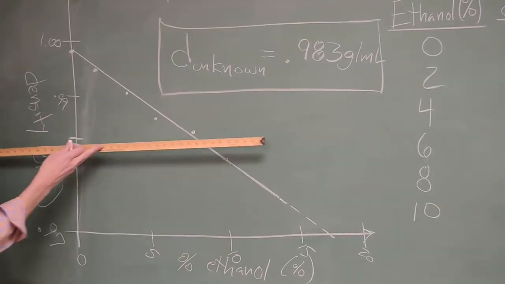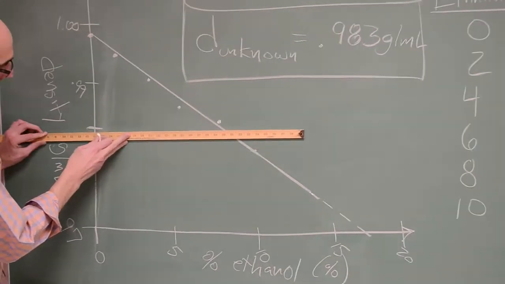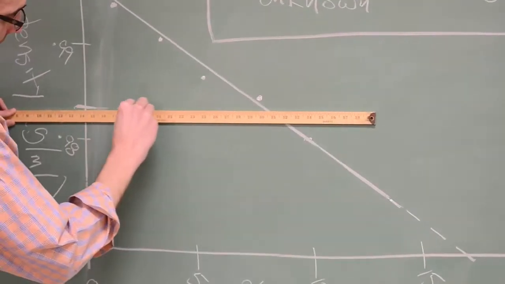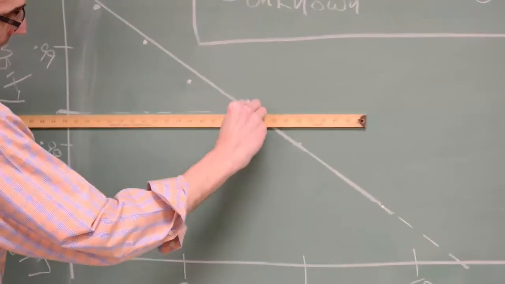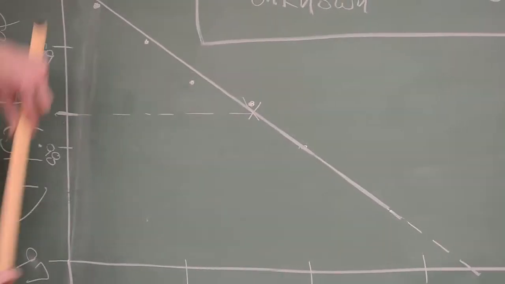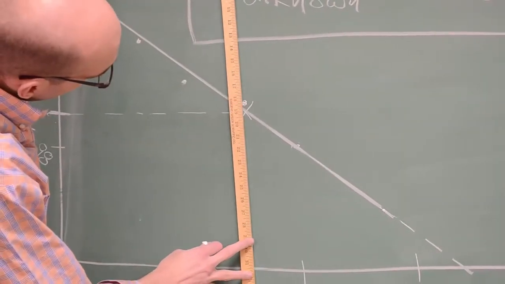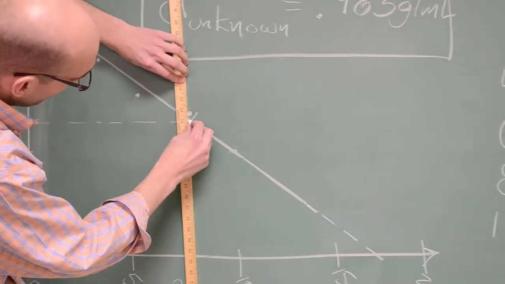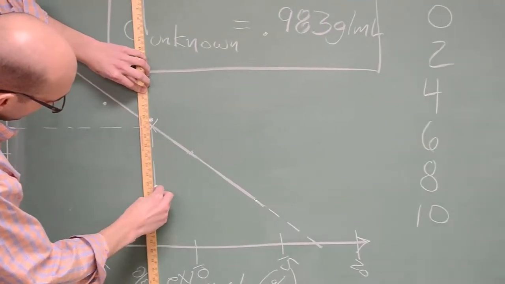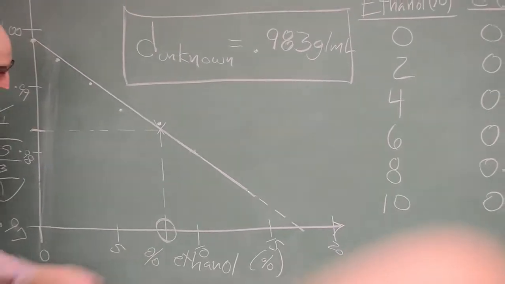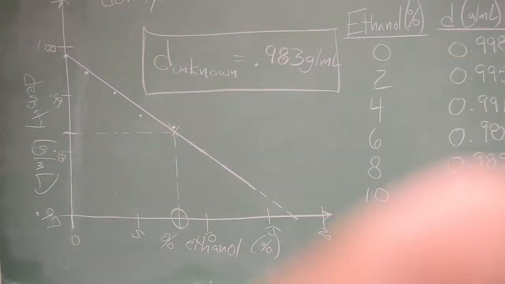If we go across to our trend line, nice straight line, this is where it hits. The fact that it hits there, we can now measure that, line that up with the x-axis, create a dashed line down here, and we see right there, that is my unknown alcohol.